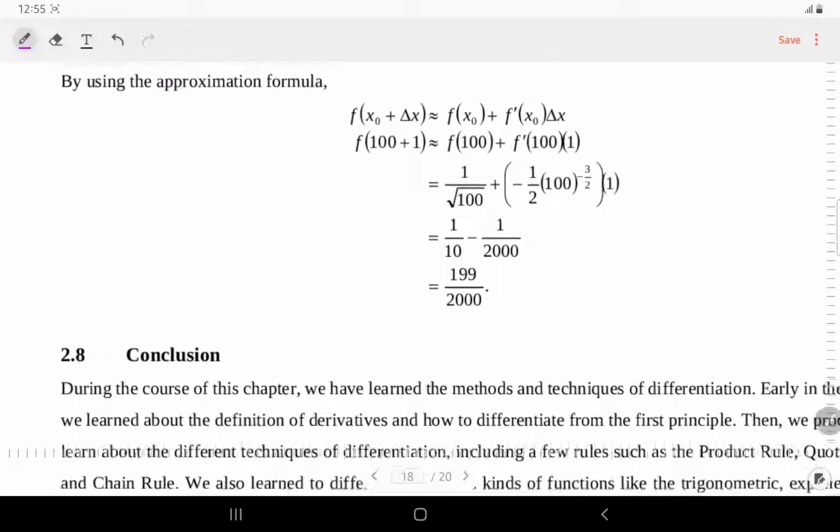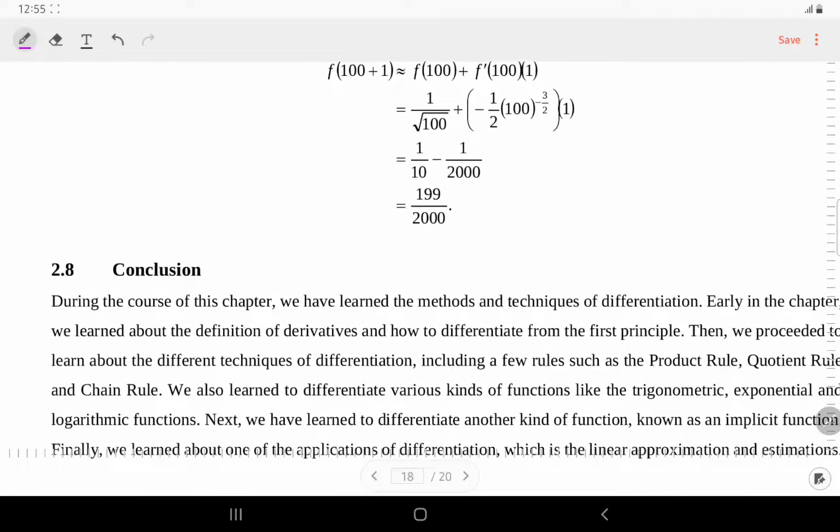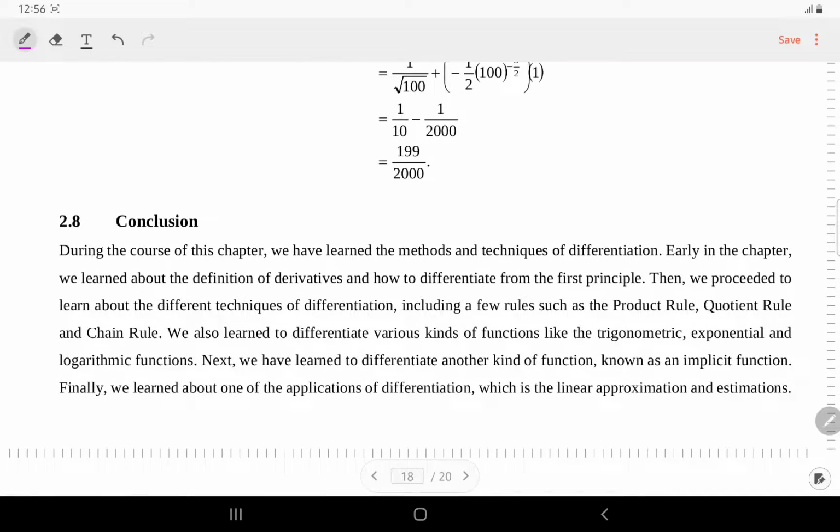So this is the end of chapter 2. What we have learned so far in chapter 2: first, the concept of differentiation using first principle, and direct differentiation using quotient rule and product rule, and then how to differentiate a log function, trigo function, exponential function, and how to use implicit differentiation.